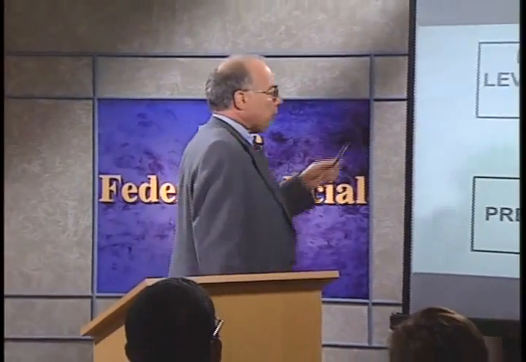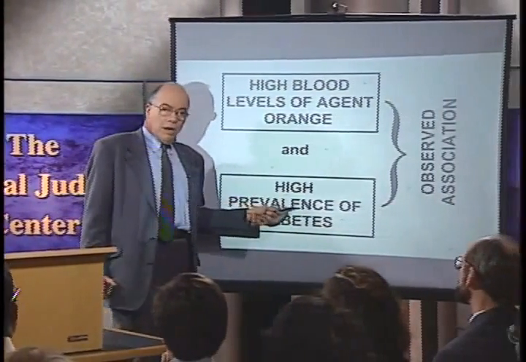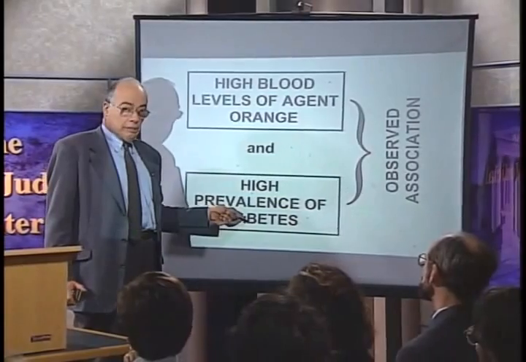Finally, I want to show you a more recent example of a study that appeared within the past few months that raised the question of whether high blood levels of Agent Orange are associated with a high prevalence of diabetes in adults.